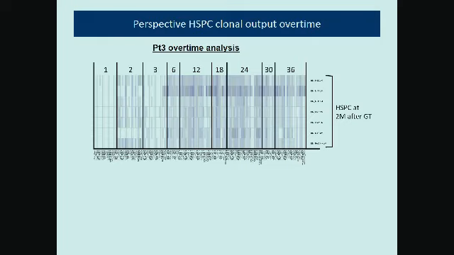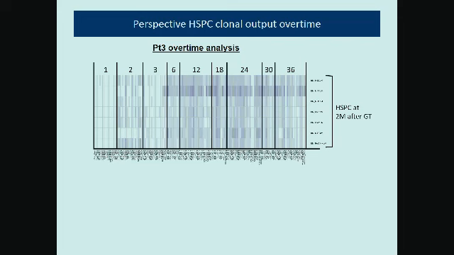Where you see a color signal, it means that we detected sharing, and the intensity of the coloring is proportional to the intensity of the sharing of each subpopulation with what is on the bottom. You can see that these HSPC isolated 2 months after gene therapy were pretty active at 2 months. They kind of get shut down at 3 months, and then they become active again at 6 months, but with a mild activity up to 3 years.